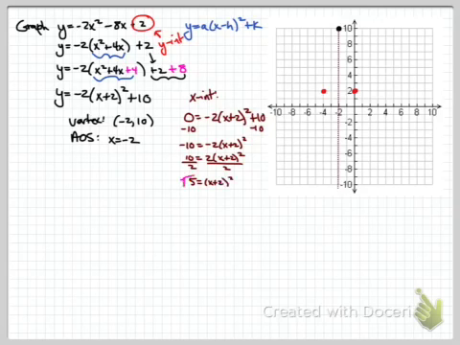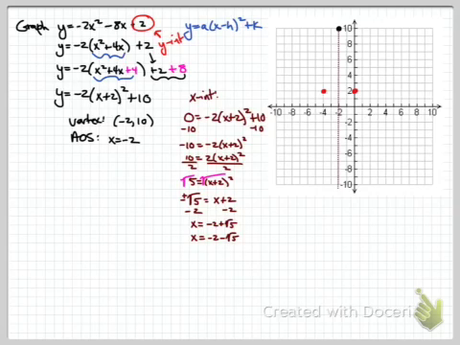Alright, let's take the square root of both sides. So we got plus or minus the square root of 5 equals x plus 2. Almost there. Subtract 2. So x equals negative 2 plus root 5 and negative 2 minus the square root of 5.